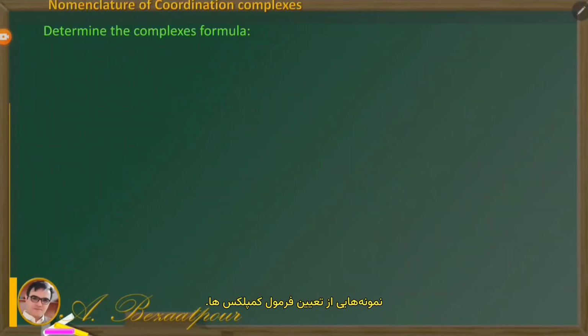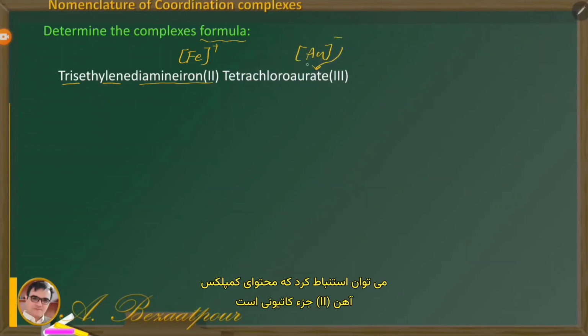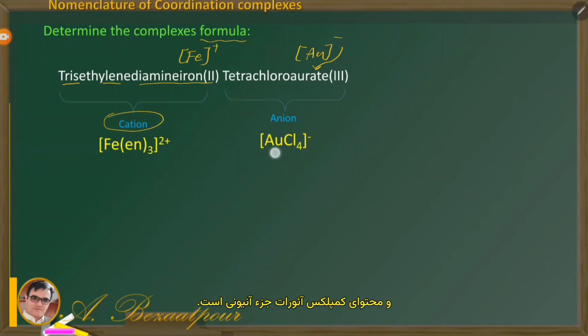Some examples of determination of the complexes' formula. Tris(ethylenediamine)iron(II) tetrachloroaurate(III). In this complex, first we have to determine the cation and anion parts. Considering iron(II) and the aurate name, we can deduce the complex containing iron(II) is the cation part and the complex containing aurate is the anion part.